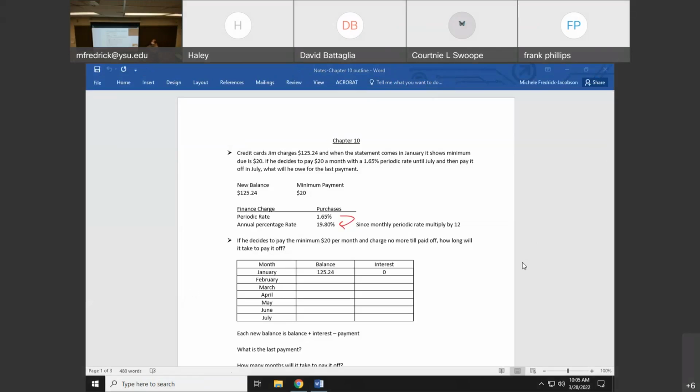Chapter 10 deals with credit cards, effective rate, and savings account.